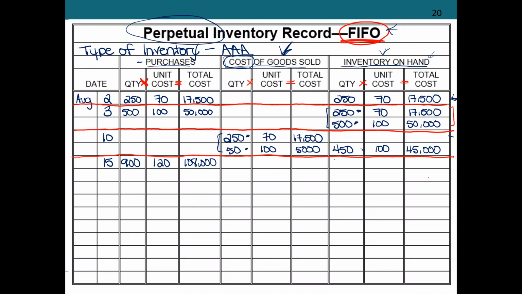We still have 450 at $100 equals 45,000. So we carry that down first, and then we record the new ones that we just purchased. So we're left with 450 at 100 and 900 at 120.